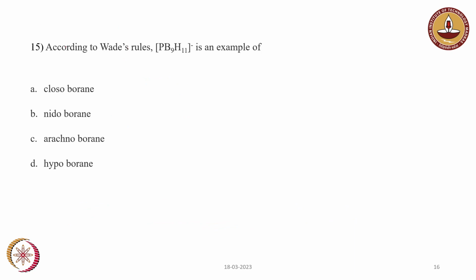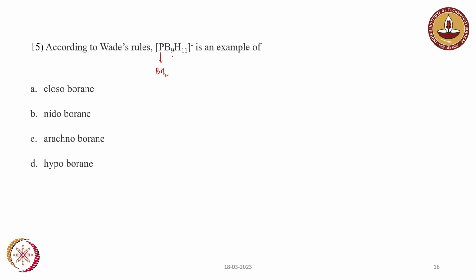The next question is, according to Wade's rule, PB9H11 minus is an example of option A, closo borane, option B, nido borane, option C, arachno borane, and option D, hypo borane. So P, which is phosphorus, is in the nitrogen group. So we can replace P with BH2.